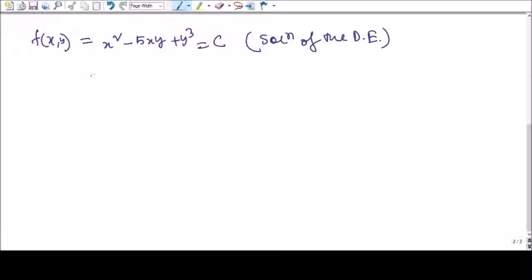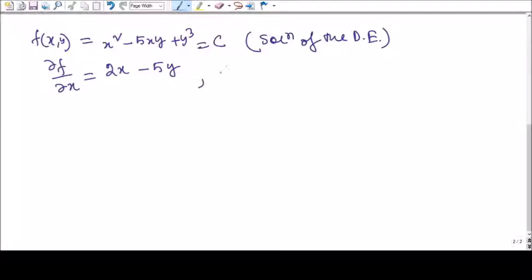So now we will first calculate the partial derivative of f with respect to x, that is 2x minus 5y. Del f del x means differentiating f with respect to x when y remains constant, that is 2x minus 5y.